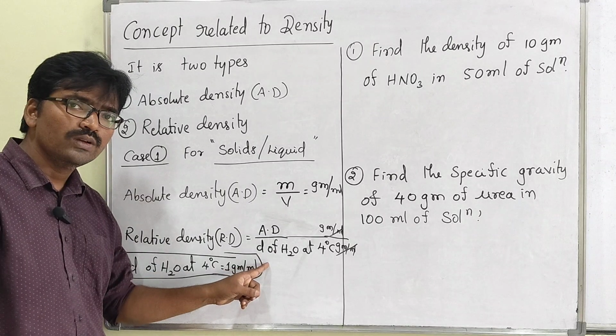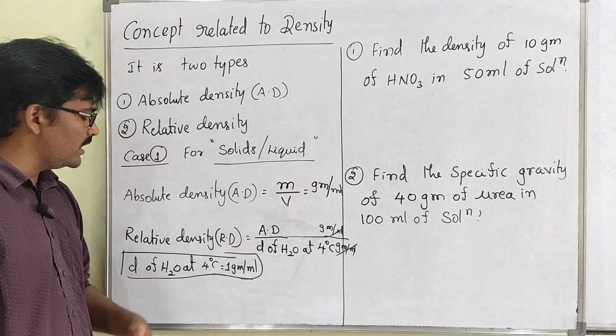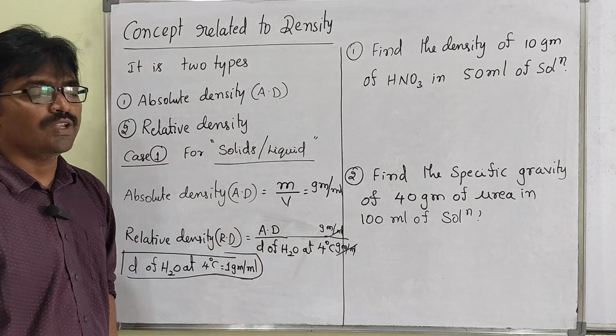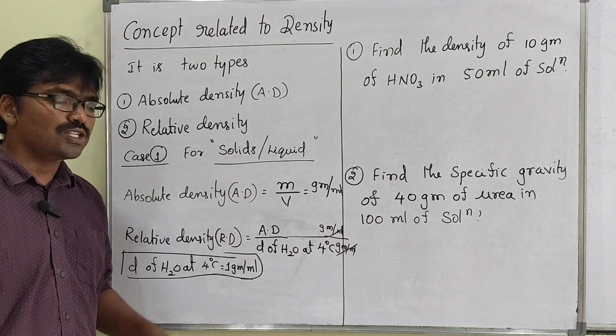Always the density of H2O at 4 degrees Celsius we are taking for relative density. So 1 gram per ml, both will be cancelled. That's why absolute density and relative density values are the same.